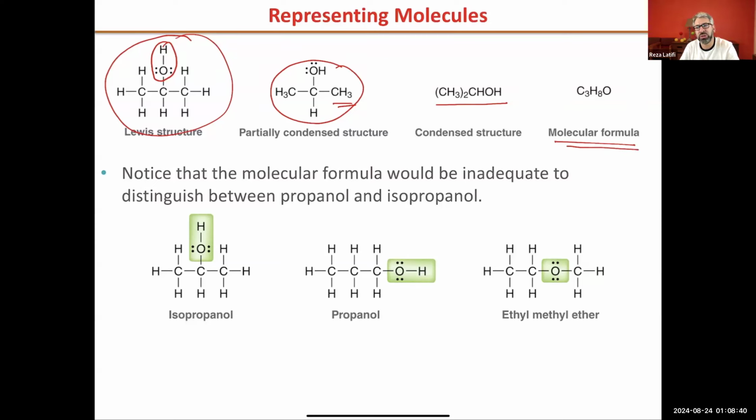Now let's zoom in on the OH group by itself. It can be attached to the second carbon, the first carbon, or maybe it's a bridge between two carbons. The first and second ones are alcohols, while the last one is an ether. The alcohols have hydrogen bonding.